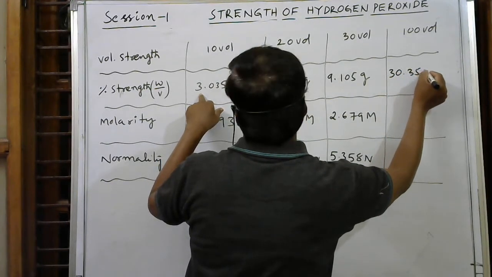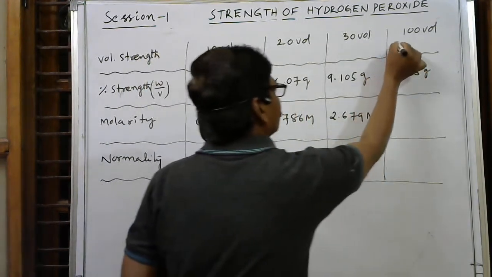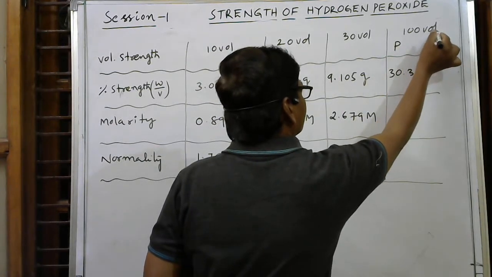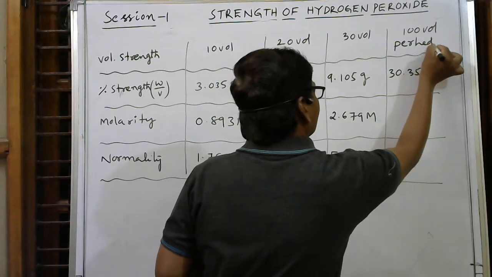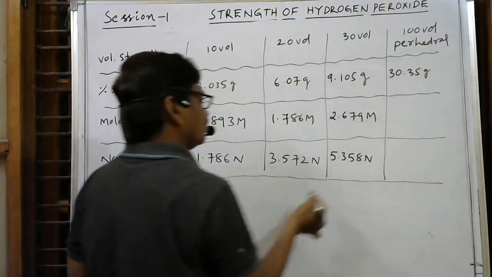30.35 grams. This is nothing but per hydrol. That is this 100 volumes. Otherwise, this percentage is nothing but per hydrol. Per hydrol molarity also they may ask. What is the molarity?